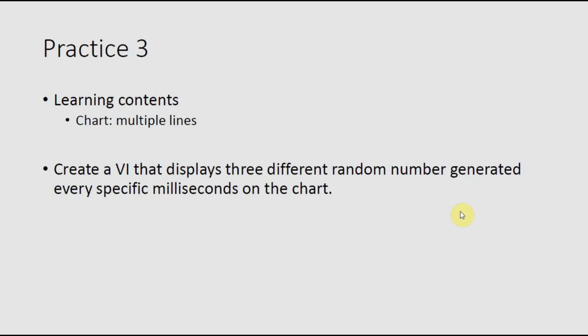This is practice 3. Practice 3 is similar to the previous practice, but here we create the VI that displays multiple lines on the waveform chart. Before we just displayed only one line, but sometimes you have multiple generated signals, then you may want to plot multiple lines on the waveform chart.